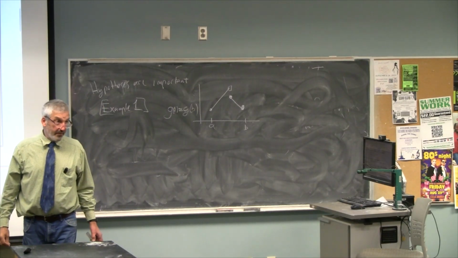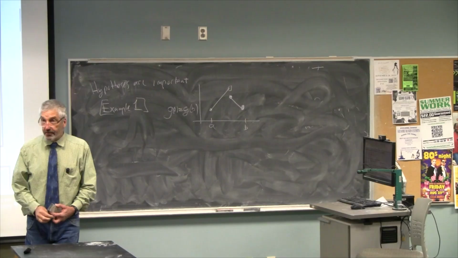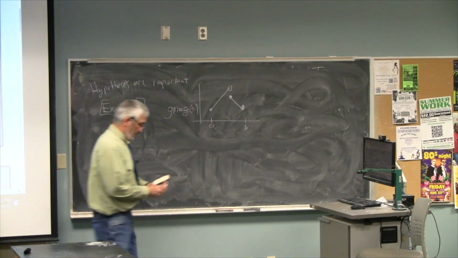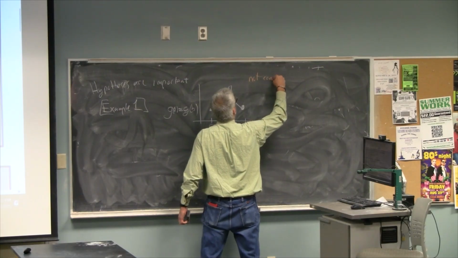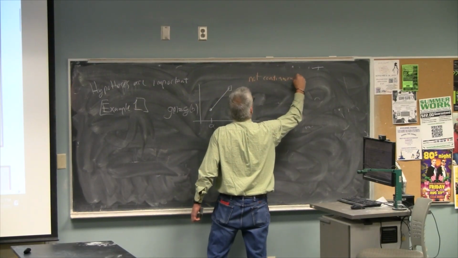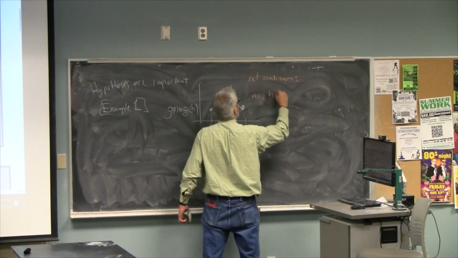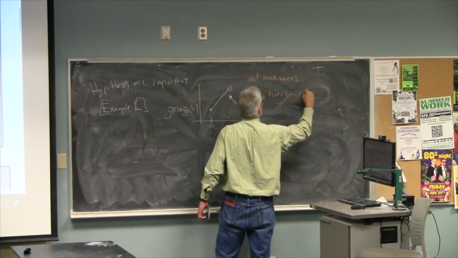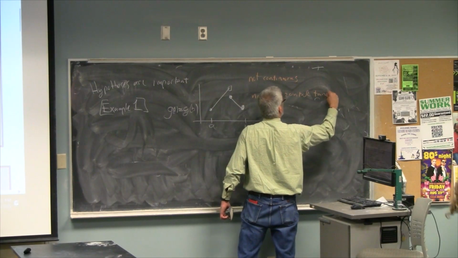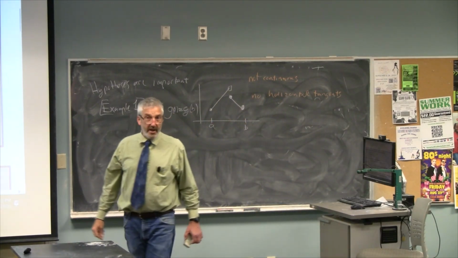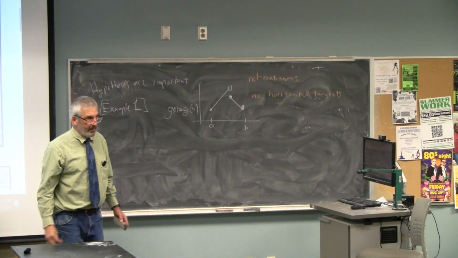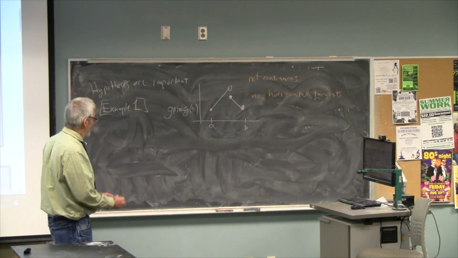It does have the same height at the endpoints, but you can see there are no horizontal tangent lines. So just because a function has the same height at the endpoints doesn't mean that it's going to have a horizontal tangent line somewhere in the middle.